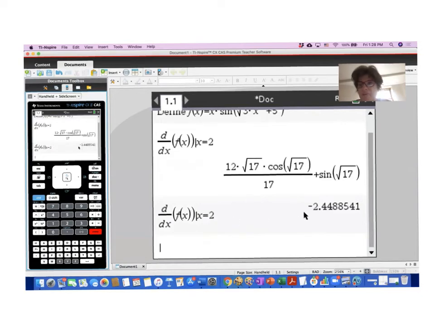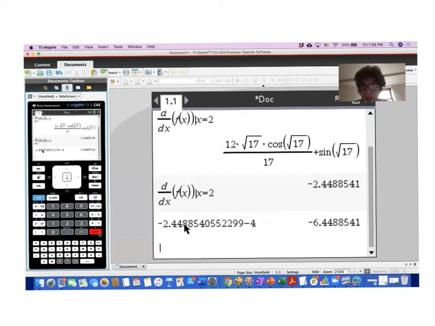And this is the approximation for the derivative of f at 2. So if I take this, highlight it, and subtract 4, because that is the derivative of g at 2, and press enter, I round off this answer correct to 3 decimal places.